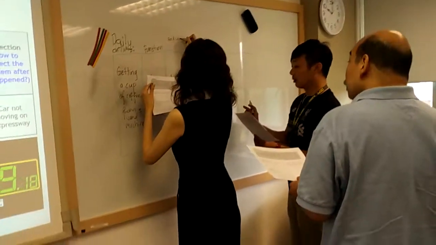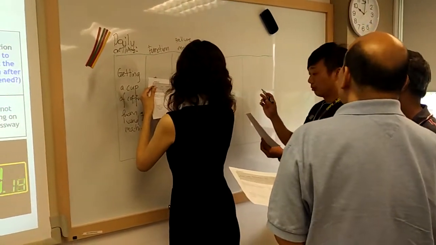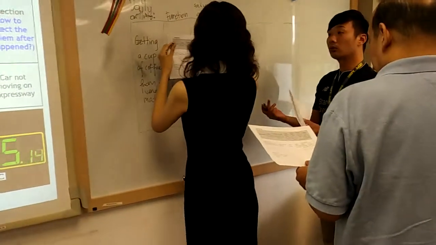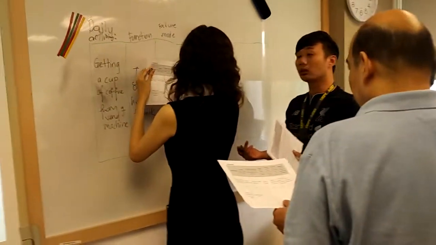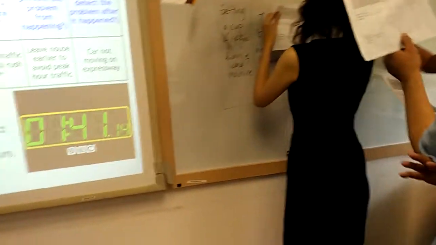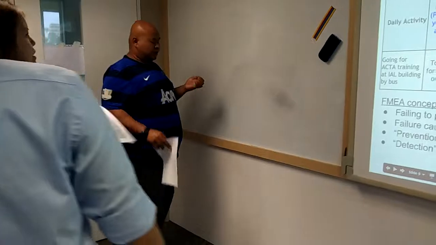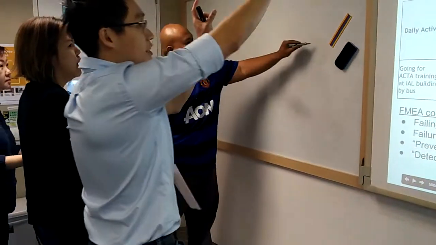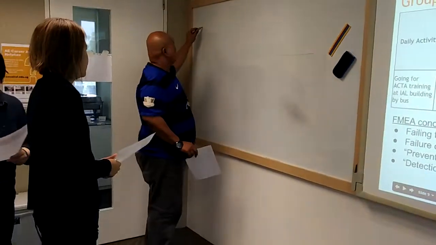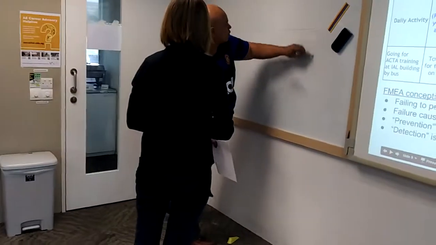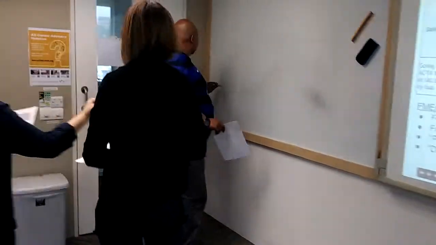Potential cause of failure means there's no water coming out. So it has happened already, so the effect means there's no water. So we do out the columns similar to them, the header, then we fill.